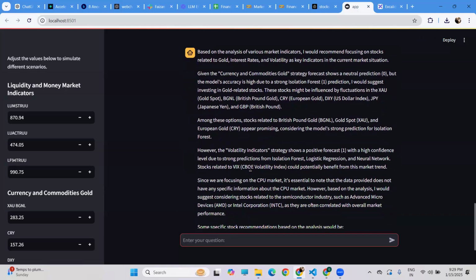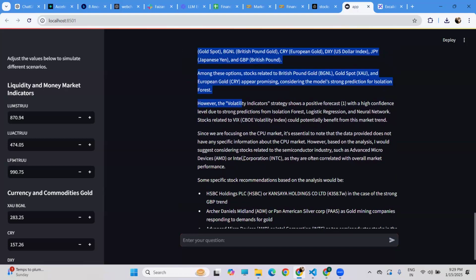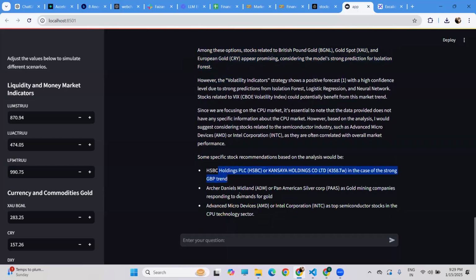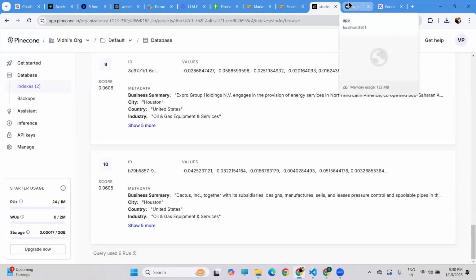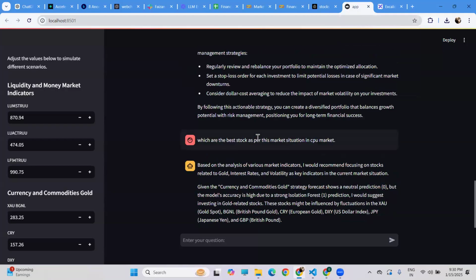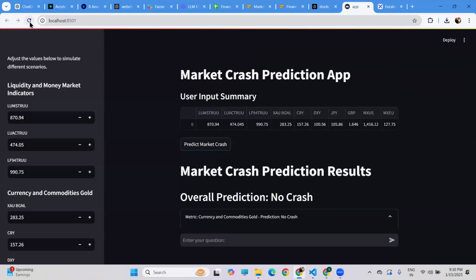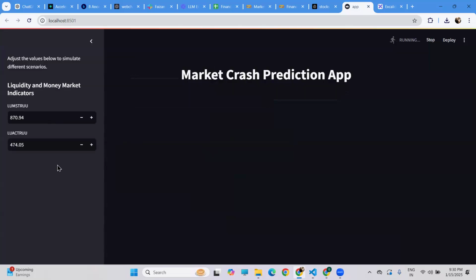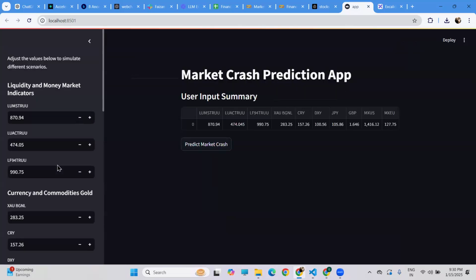Okay, so I got the output. It's using all the data and also suggesting some specific stocks that I can invest in as of now based on this market situation. And all of this data is coming from our vector DB Pinecone, where we store all the stocks data from Yahoo Finance.